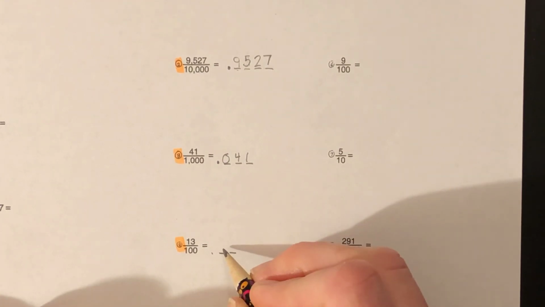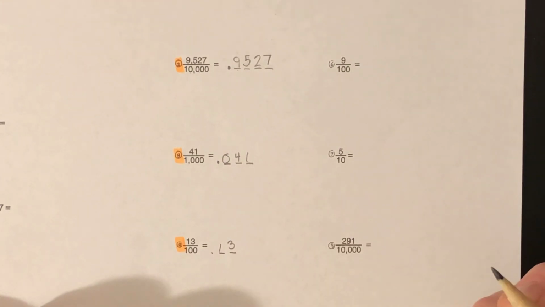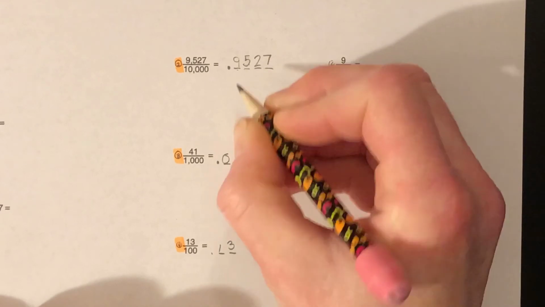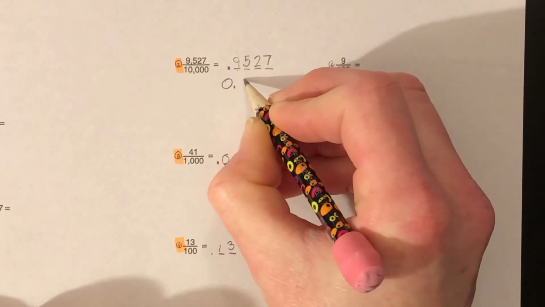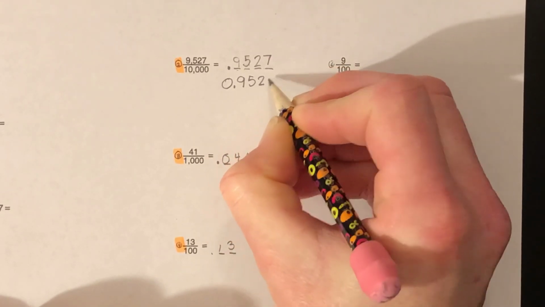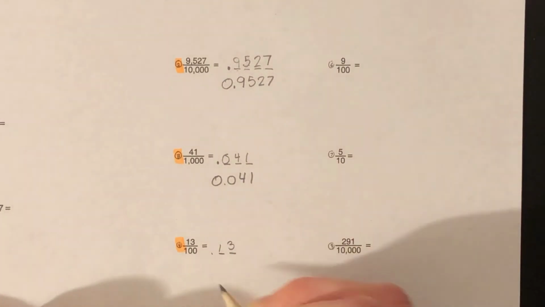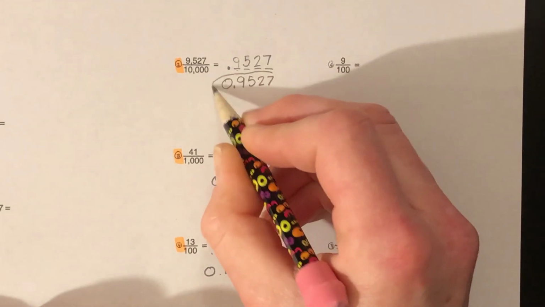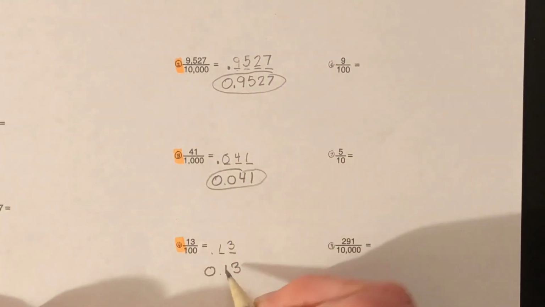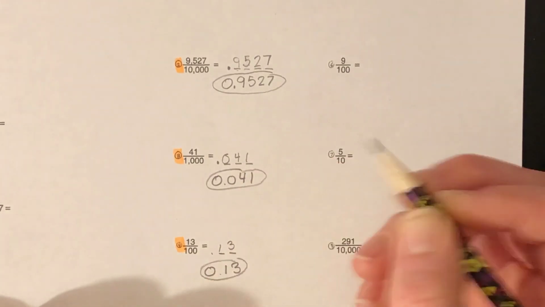You fill in all the extra spaces with zeros. 1300ths, that's perfect. Now I'm going to go back and write this without all the lines. There. That is the proper way to write it. This is kind of my work to get to that point.